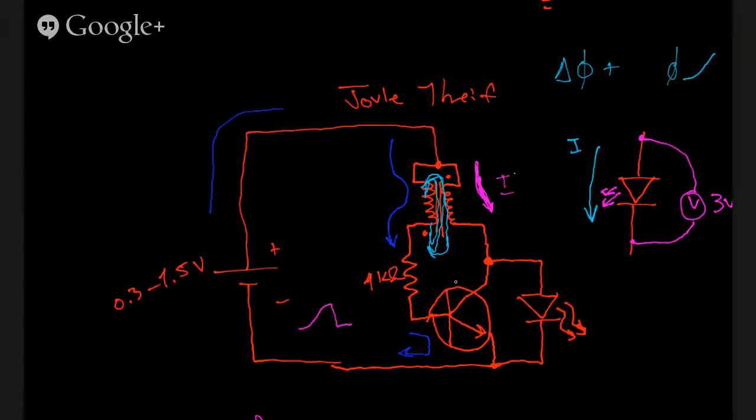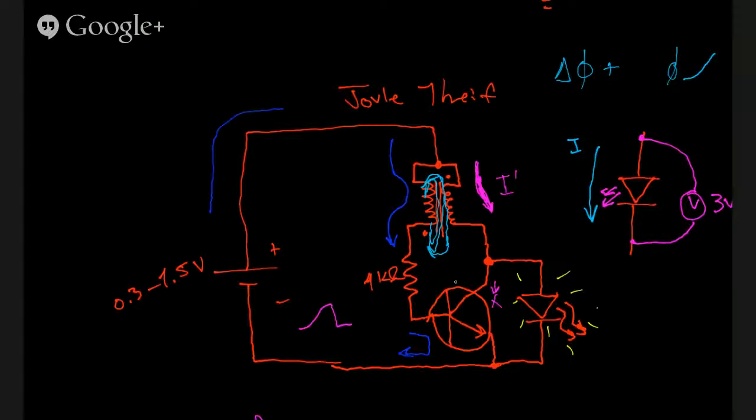By this time our transistor has shut off, so no current can flow through the transistor. The only place for it to go is through our LED, and it'll flash, it'll turn on until all the magnetic flux inside this toroid is depleted and turned back into electrical energy.